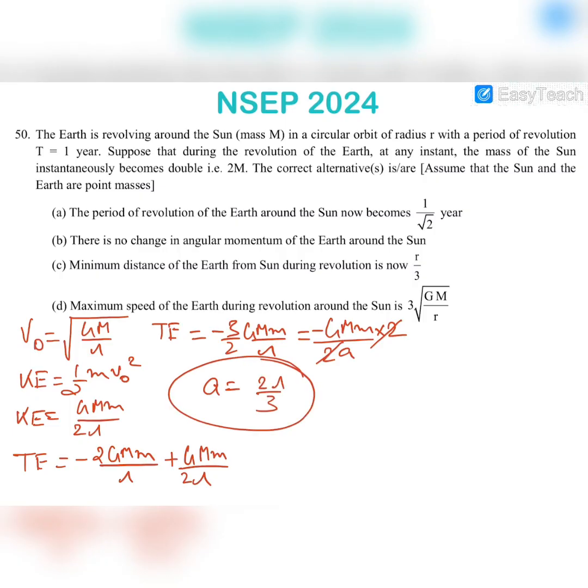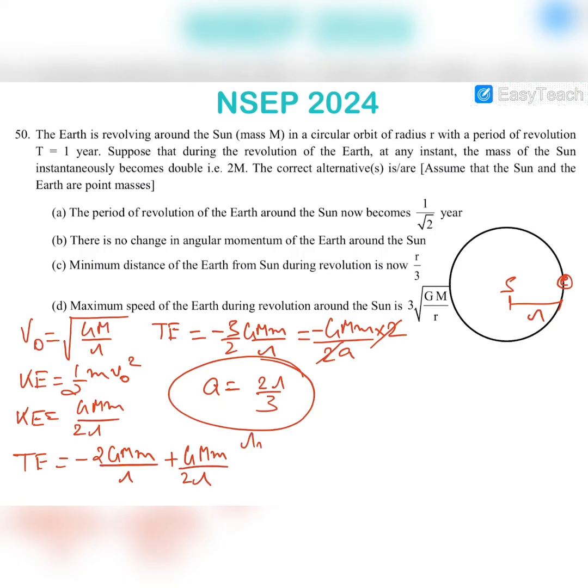Now initially, at the instant when the mass was not doubled, it was moving in a circular orbit like that. I'll draw the diagram. This is the sun and this is the earth and this is r, and the semi-major axis is 2r by 3, which means that this is r max.